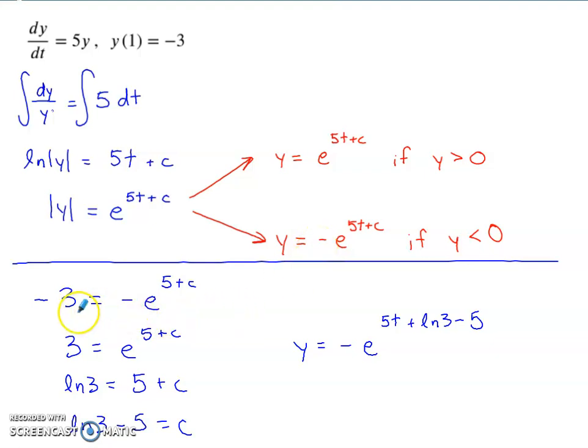So I can then divide both sides by that negative, and then the sequence is really the same from there. So the new solution we've developed for this slightly modified differential equation is the same as the first, just with the negative out here.